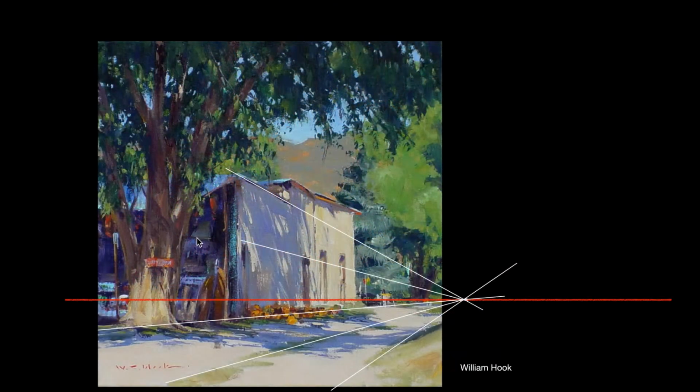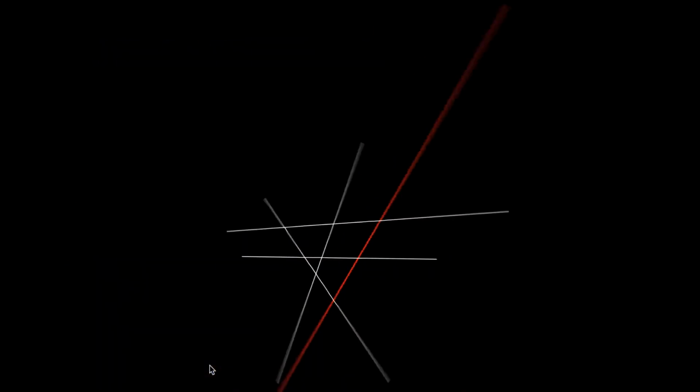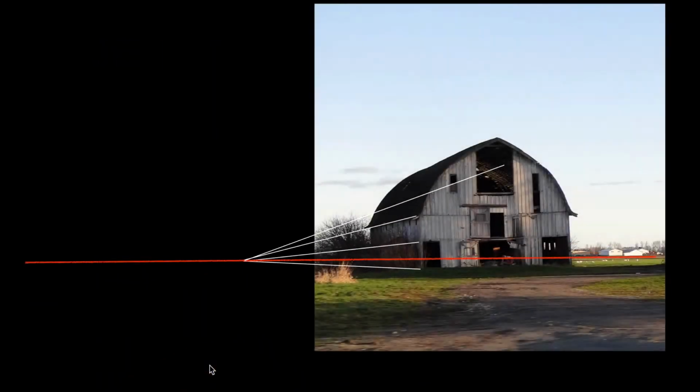Here's a painting by William Hook, and you can see all the major bones of his painting hook up with a vanishing point in perspective. This old rickety barn, I sent this line of perspective up to find the line of all these open boards inside the building. You can see even a rickety old barn like this.